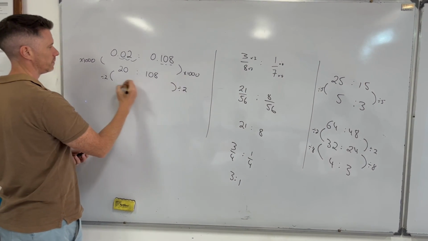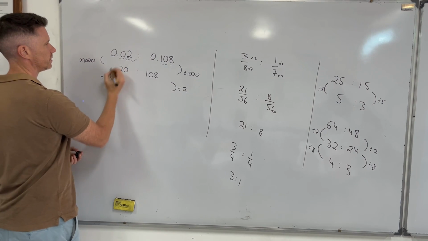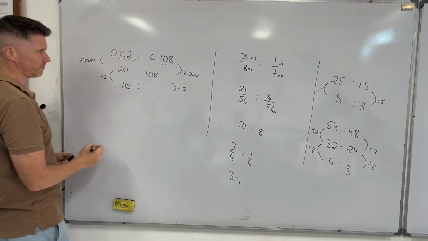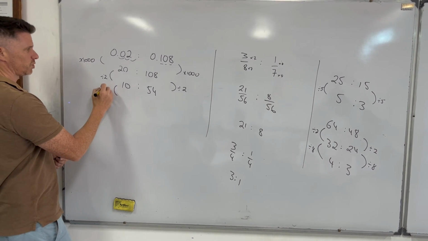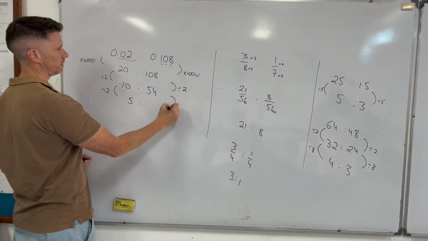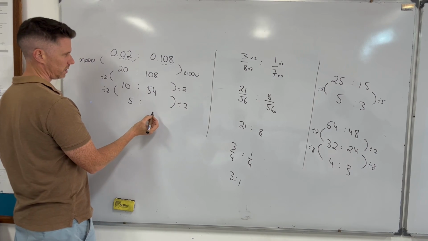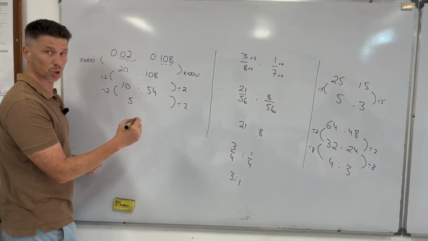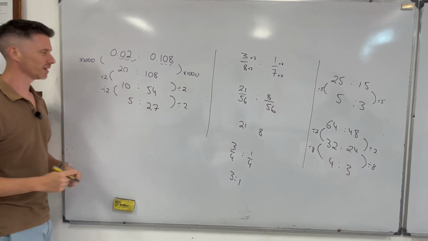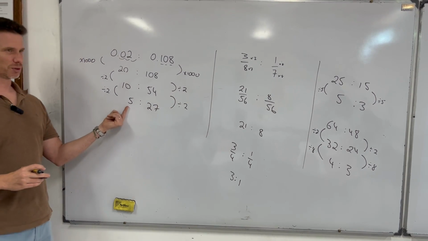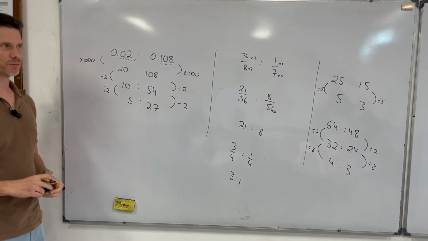I think they probably could divide by 4, but we'll see. 2 is 10, and 2 is 54. What'll I do? 2 again, 5, and divide by 2, 27. Can I go further? Well, this is a prime number, and there's no 5s.